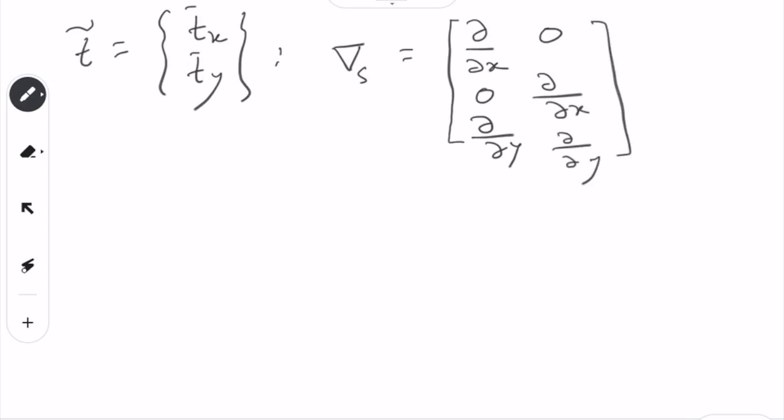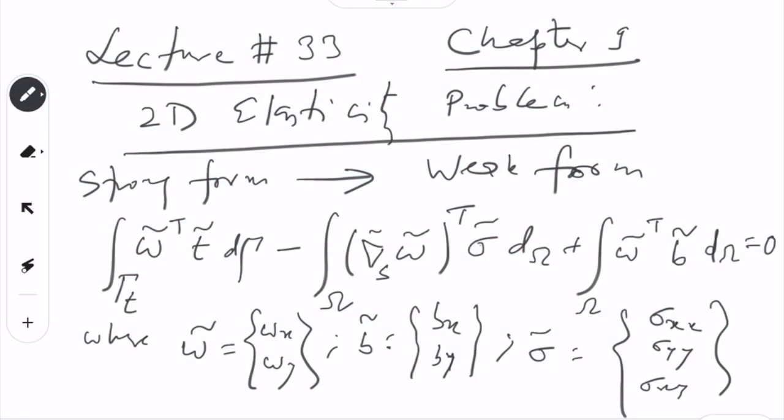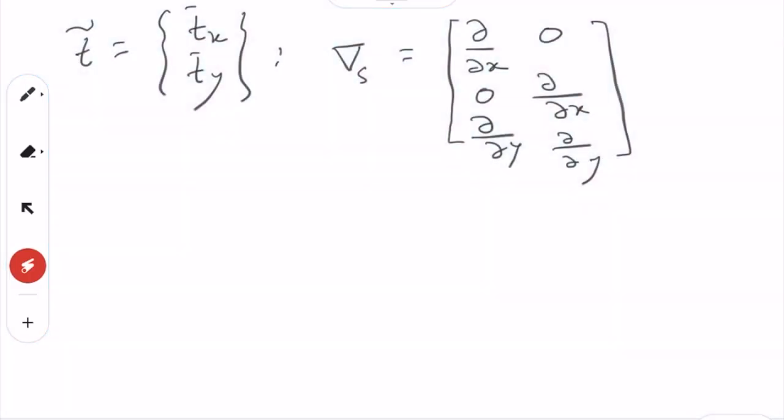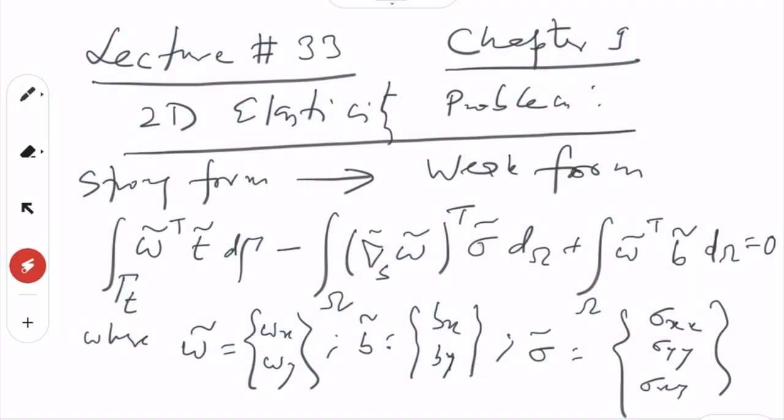So this is what del s is. So we know sigma tilde, w tilde, b tilde, all of them are known now. Next we have to solve it, but not yet.